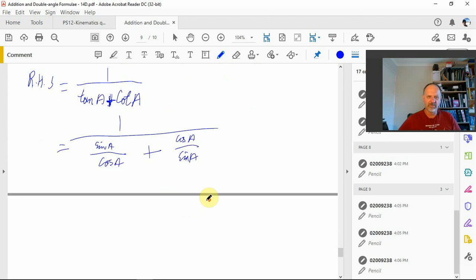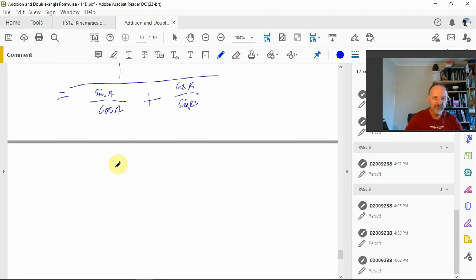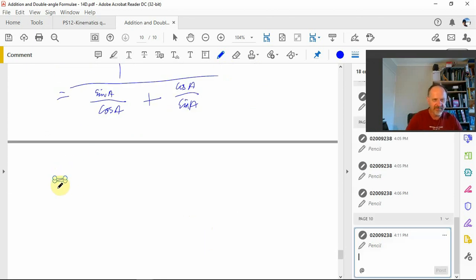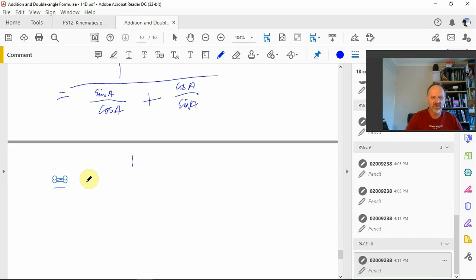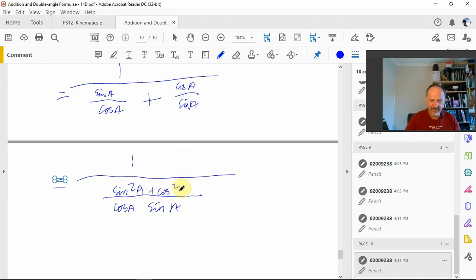And now on the bottom here, I'm going to say, still 1 over. Let's make a common denominator of just the multiply of cos A sine A. So over here, top and bottom by sine A, so sine squared. Over here, top and bottom by cos, plus cos squared A.